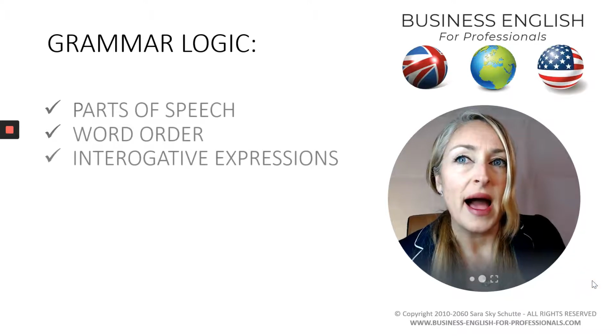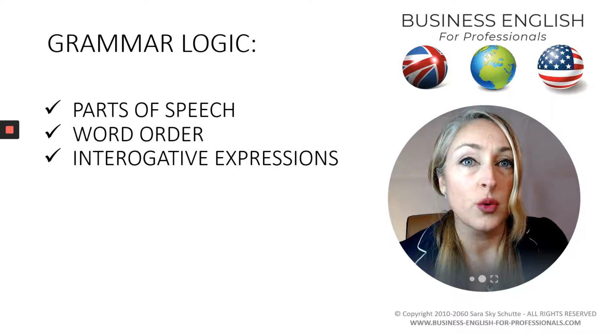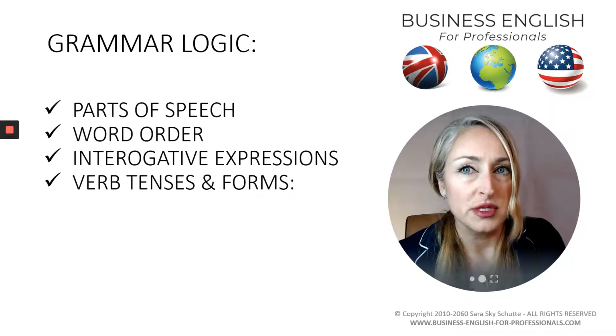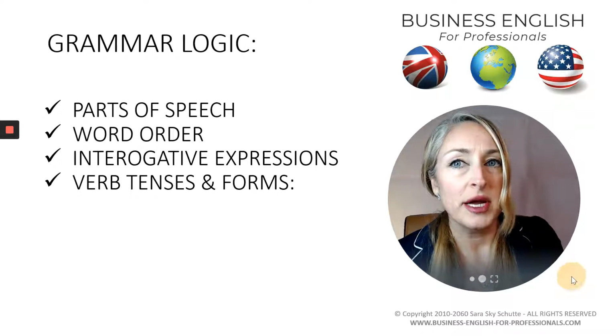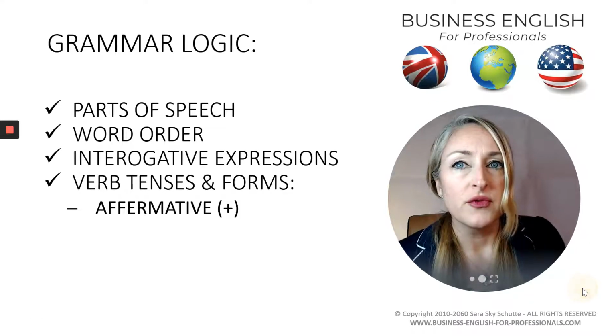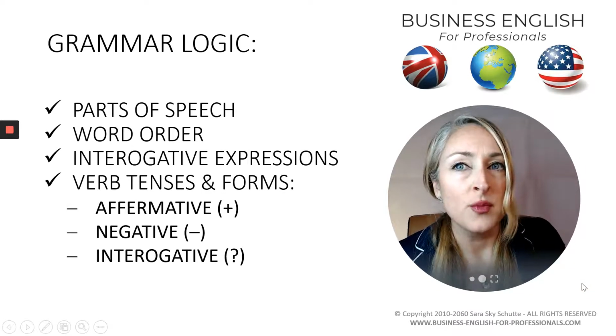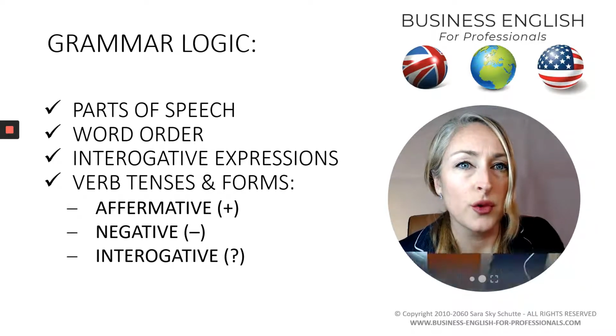Then we also have interrogative expressions to form the correct questions, verb tenses and forms as well, how they work, etc. And to break down the verb tenses and forms, we're going to look at the affirmative, of course, the negative, the interrogative, and this is broken down by each verb tense and form.